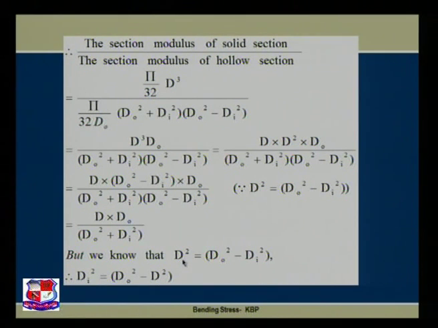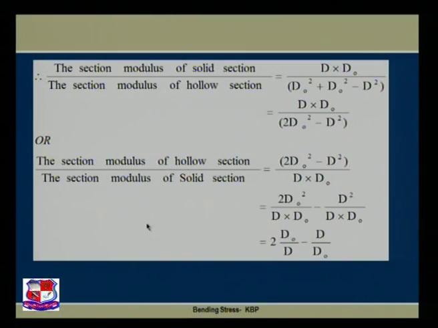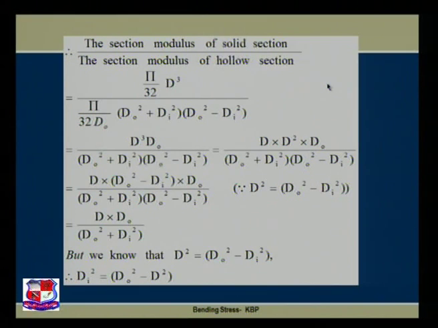Now, but we know that d square is equal to do square minus di square. We can replace these terms over here. So, in this term, we are replacing the term, that is d into do divided by do square plus do square minus d square, because, see the previous one, di square is equal to do square minus d square, and we are putting the value over here in terms of di square.